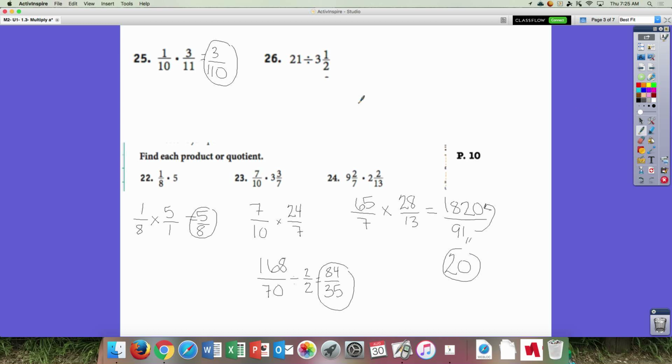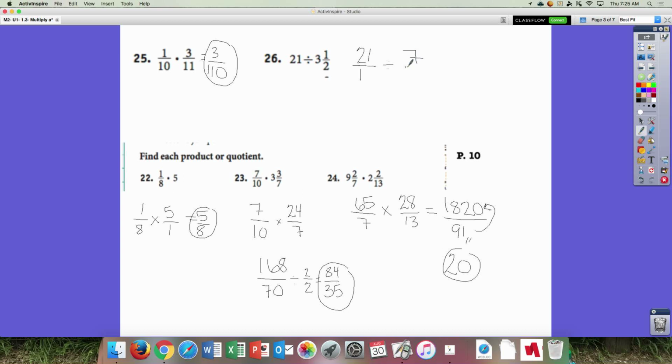All right? Now, if we go back up here to this one, okay? We now remember, if I have a whole number, what number goes on the bottom? 1. Good. All right? Then divide, okay? Now again, we know how to do this. What is 3 1/2 as an improper fraction? Well, what's 2 times 3? 6. Good. Plus 1, 7. Good.